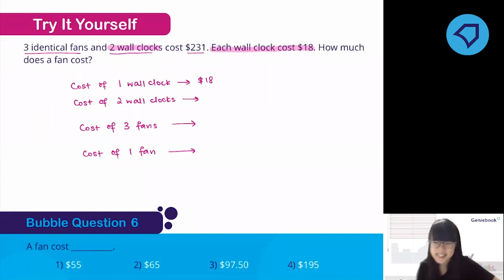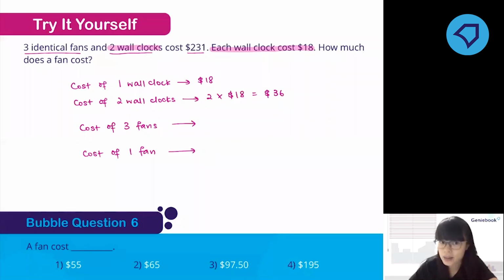All right, let's take a look over here. How do you find the cost of 2 wall clocks? 2 wall clocks you need to multiply by 2. Can you help me out so that we can end this earlier? What is 2 times 18? 2 times 18 is equal to 36. Thank you very much. So 2 wall clocks cost $36. Now, 3 identical fans and 2 wall clocks is $231.